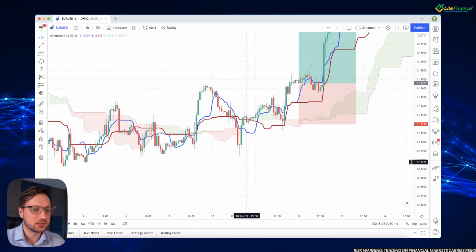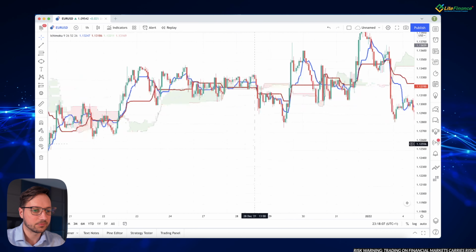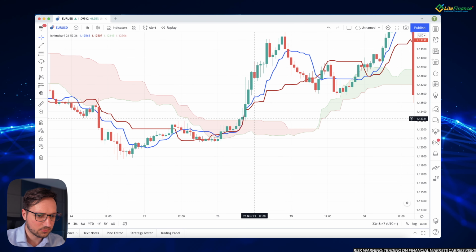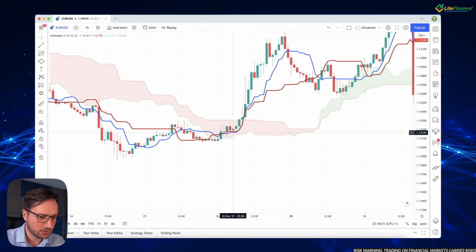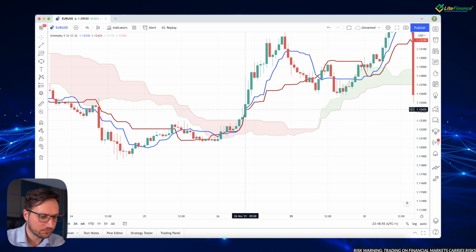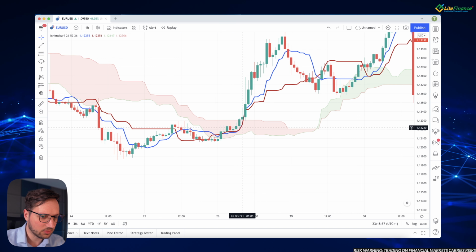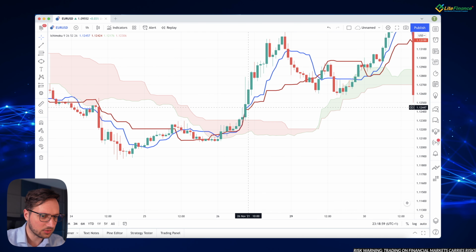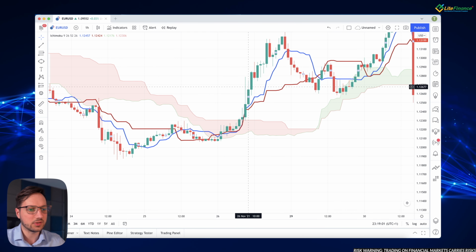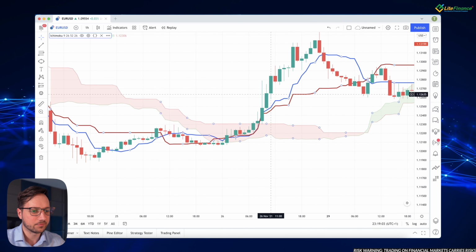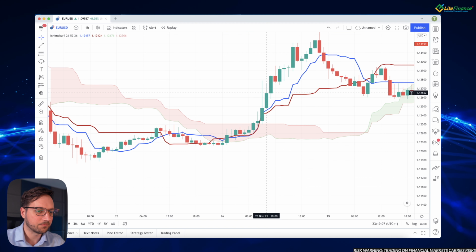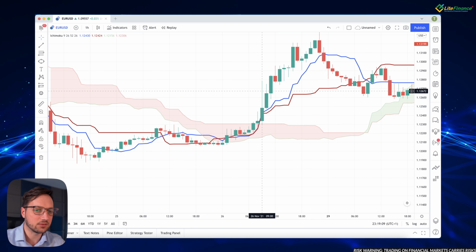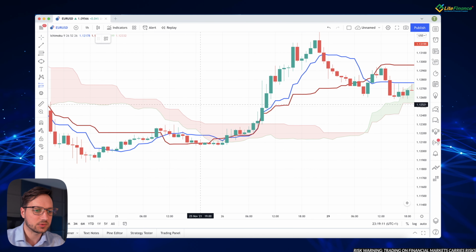Okay, so now let's check another example. So this one, right, it was a crossover here, but it was inside the Kumo Cloud, and here they were, we can say, parallel to each other, and at this one they split. Okay, so the closing of this candle or opening of this candle is our entry level, so a long position.